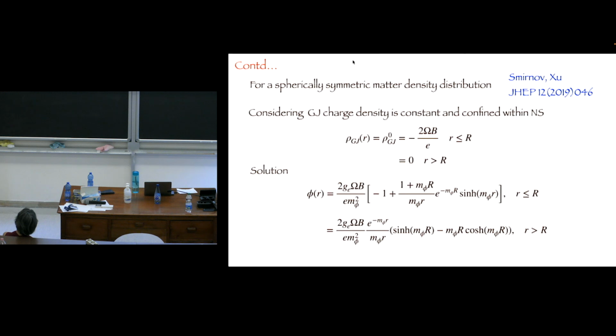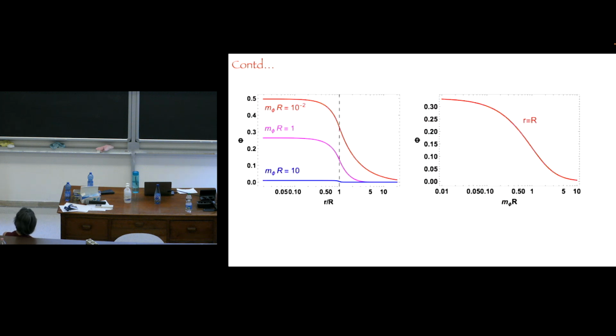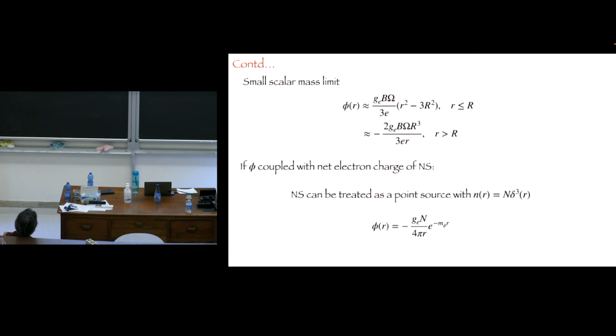So you can have a scalar field behavior inside the compact star and outside of it. It should have a long range behavior: as you go to large distance, phi should fall as 1 over r.